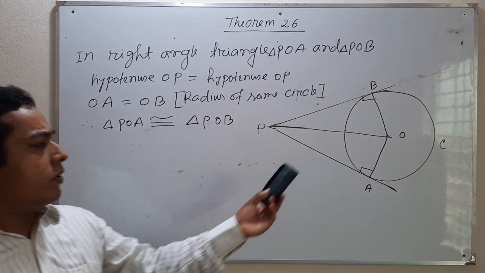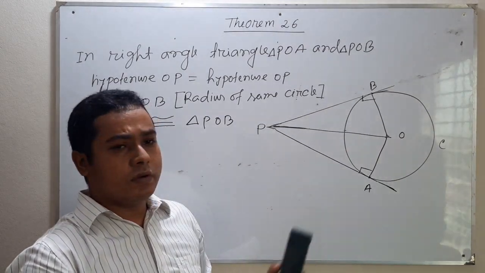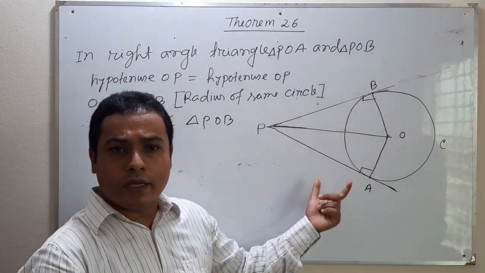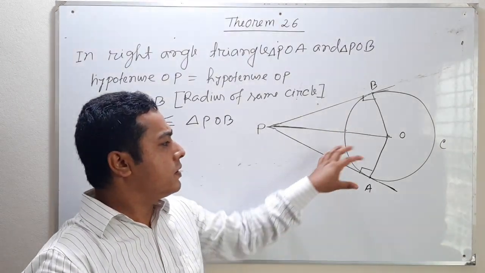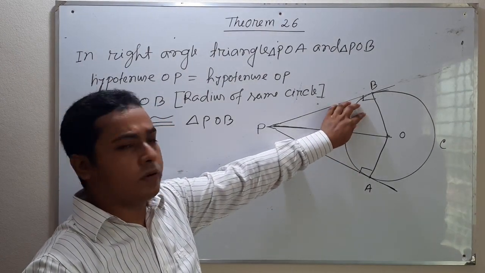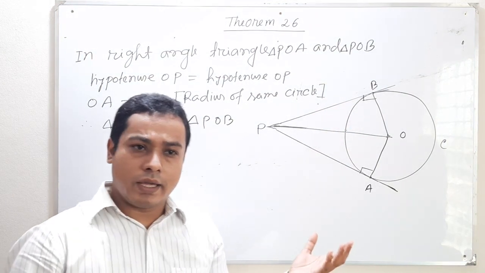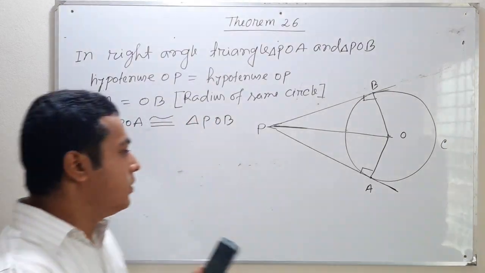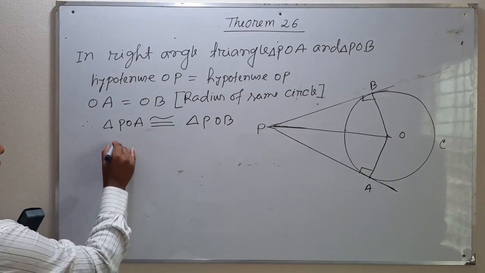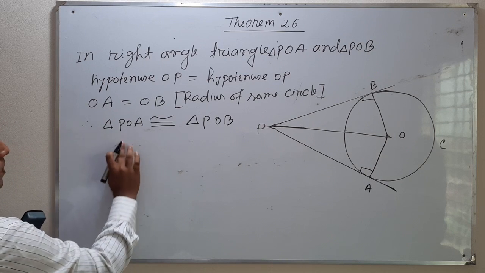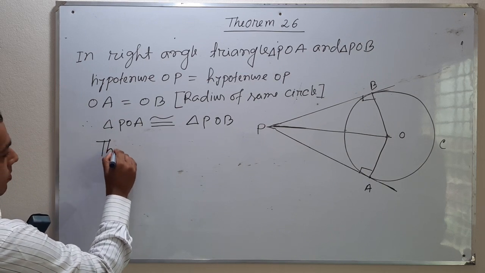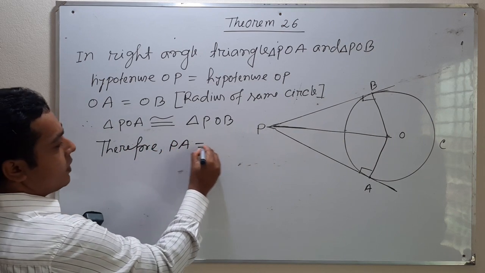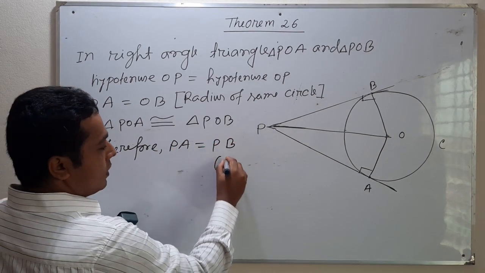If two triangles are congruent, then how can we prove PA and PB are equal? It is clear, because the two triangles are congruent, their corresponding angles and corresponding sides will be equal. So their side PA, therefore PA is equal to PB. This is our proof.